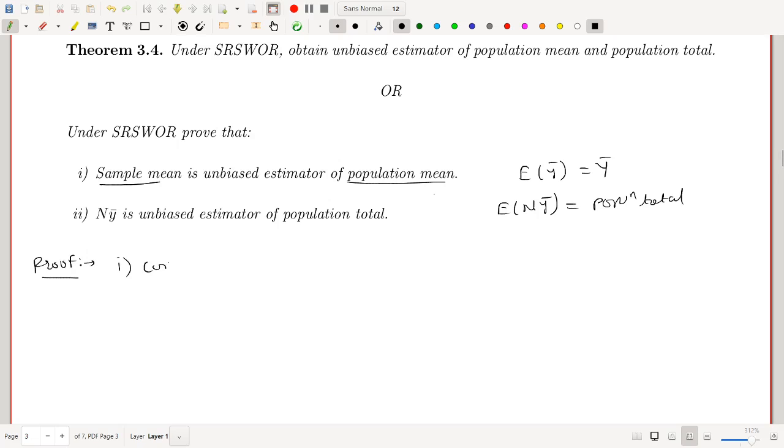First consider expected value of small y bar. Small y bar, formula for small y bar is summation i running from 1 to n of yi upon small n.